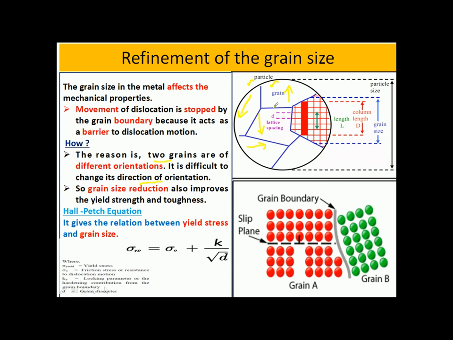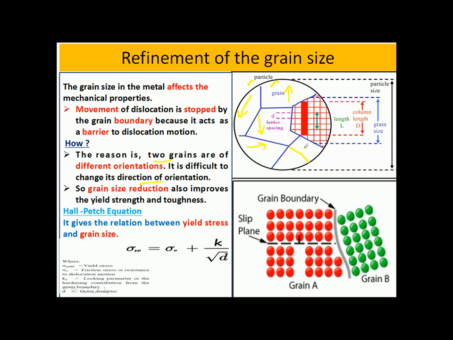So if the grain size is reduced, the movement of dislocations is restricted, because each grain boundary resists the movement of dislocation. For example, this is a grain boundary.